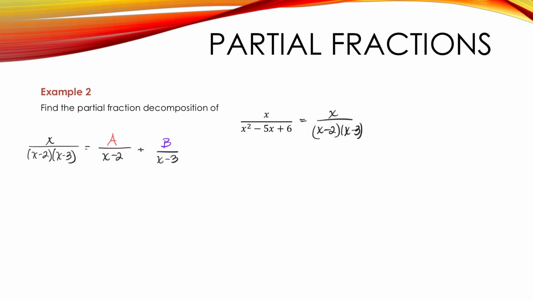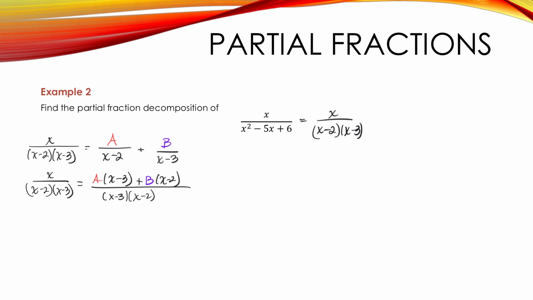So let's find our common denominator, put it all together. So we know that x over x minus 2 and x minus 3 would equal, well, in this case, we would have A times x minus 3 plus now we would have B times the other term, which is x minus 2. And it's all over x minus 3 and x minus 2.